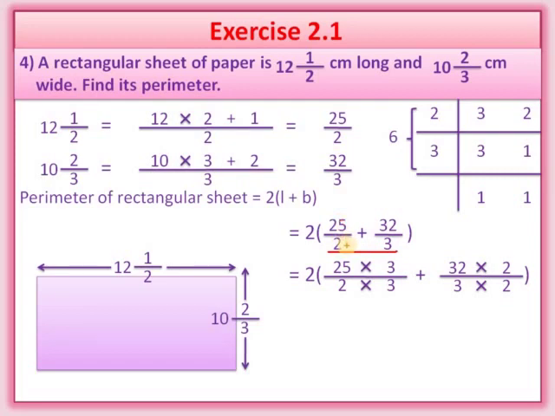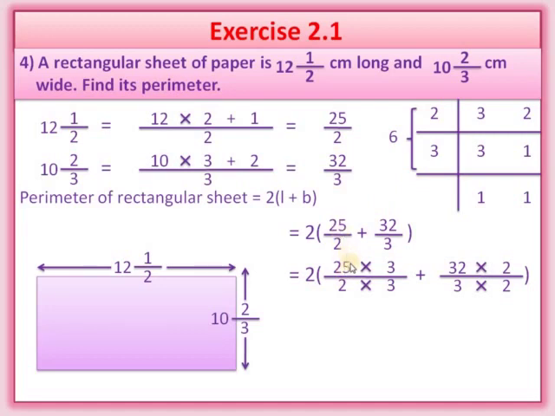We want to make the same denominator 6. So we will multiply by which number to get the answer 6? 2 times 3 is 6. Understood?